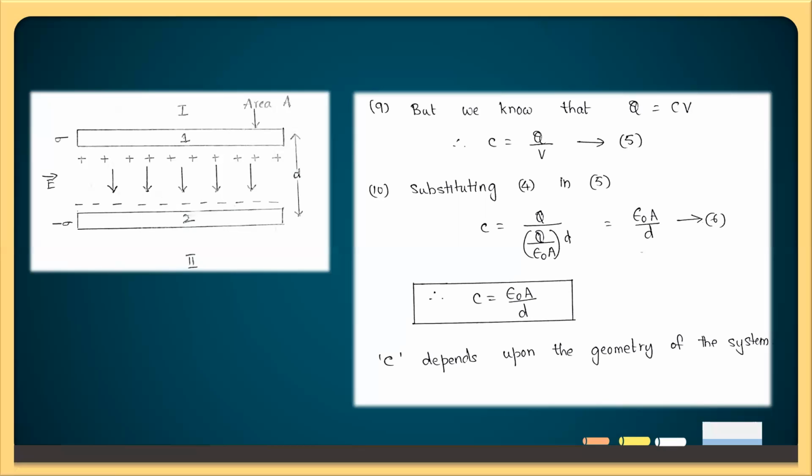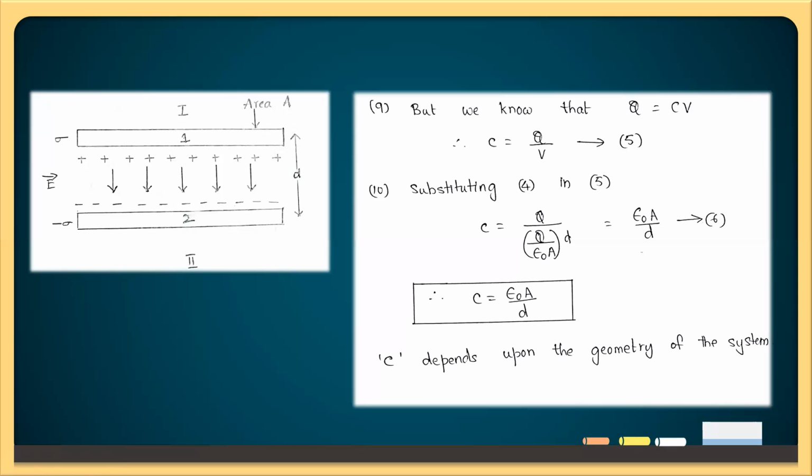That is, C is equal to epsilon naught A by D, where epsilon naught is the permittivity of free space, A is the area of each plate, D is the distance between the plates. Clearly, you can see here the capacitance is dependent on area of the plates and distance between the plates.